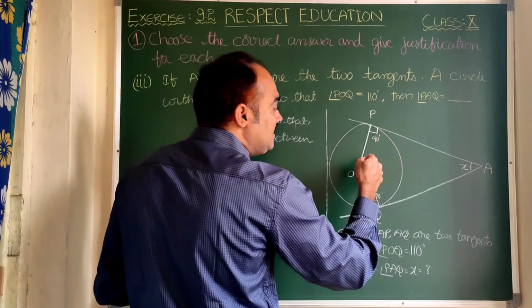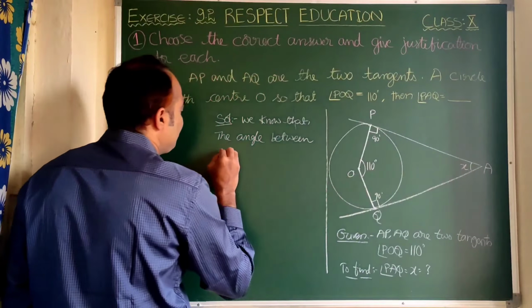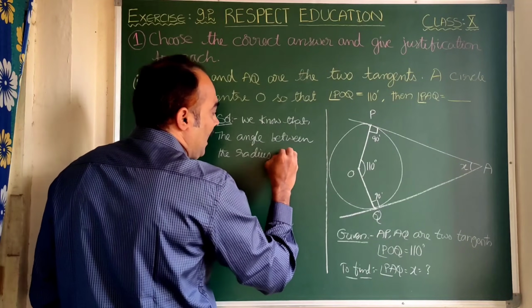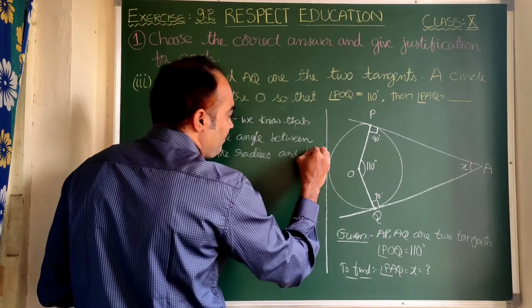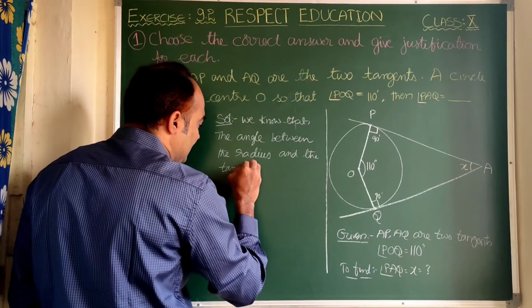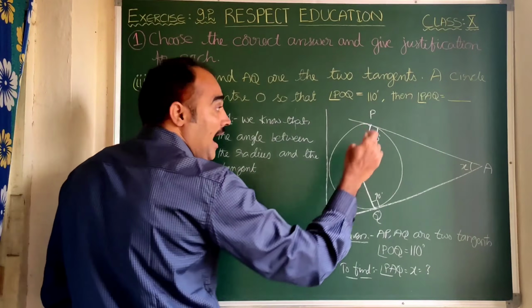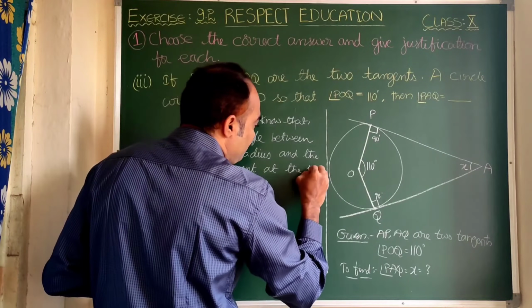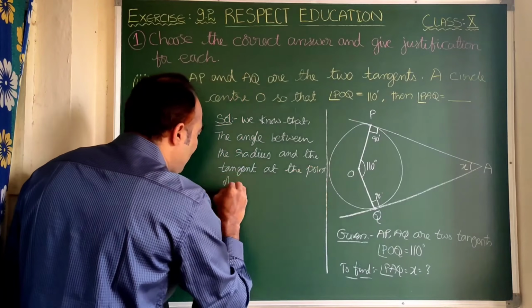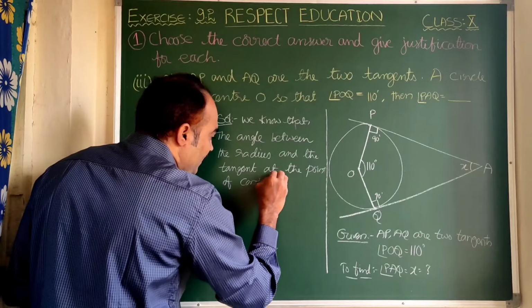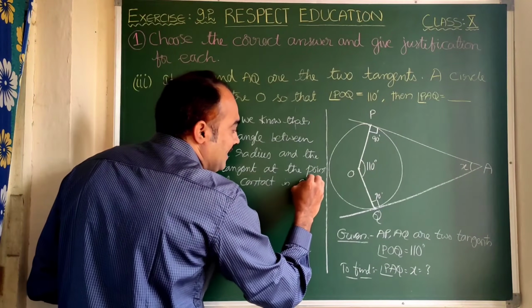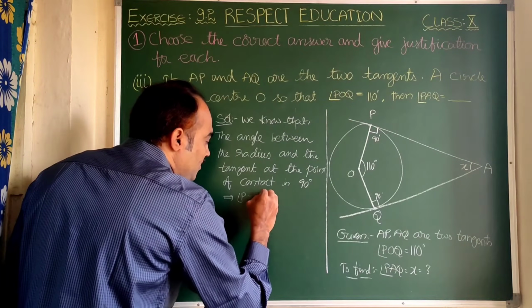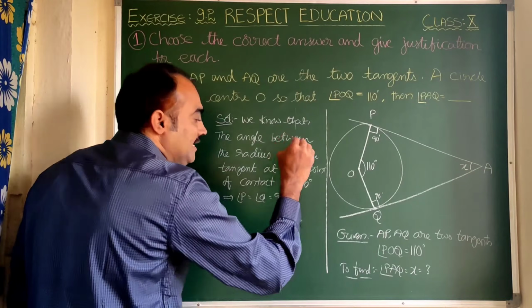Between the radius and the tangent at the point of contact is 90 degrees. So directly we can write angle P and angle Q 90 degrees each.